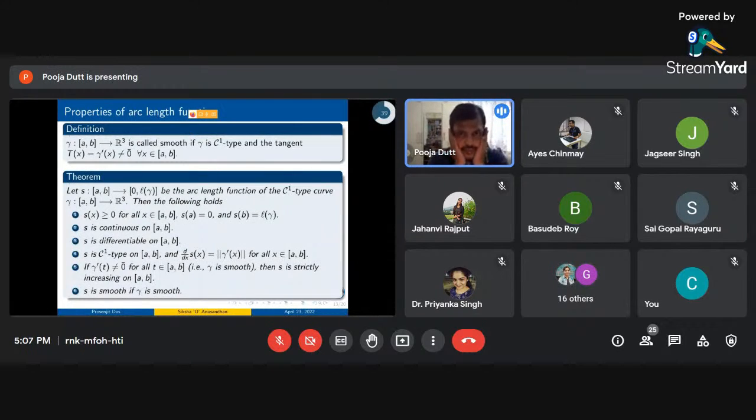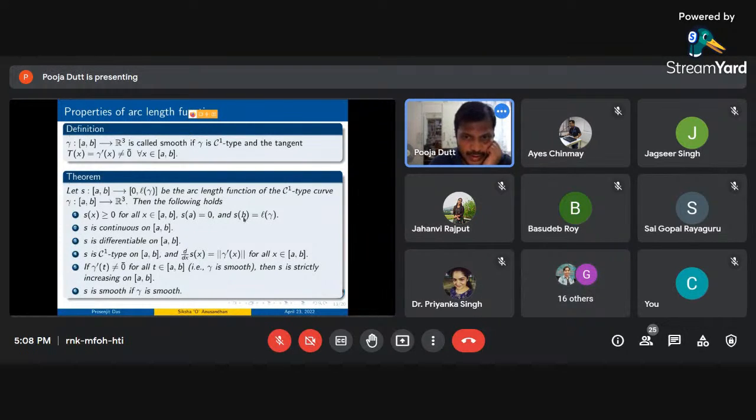Next, the properties of the arc length function. These are very easy properties. The first property says the arc length function is non-negative. That is very clear because it measures the length of the curve, so how can it be negative. And at the point a, it is 0. Of course, because it is the integral from a to a of the norm of gamma prime t dt, that would be 0.